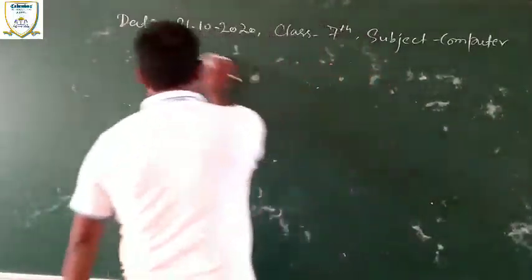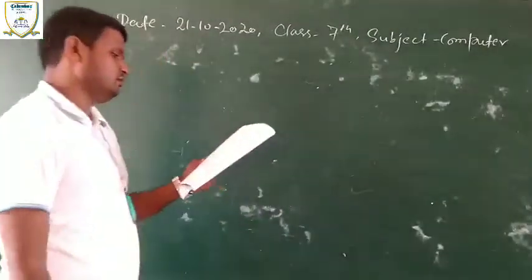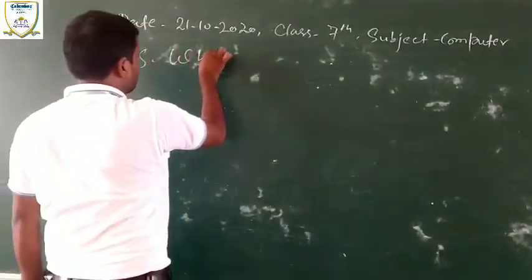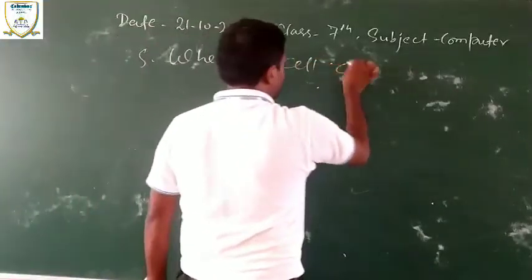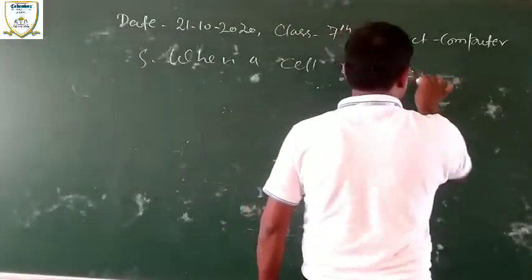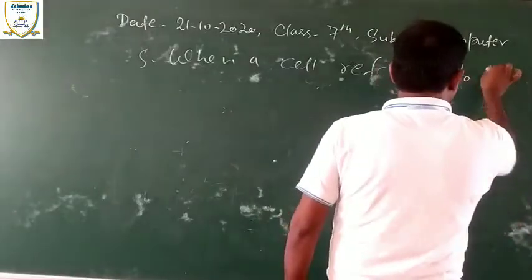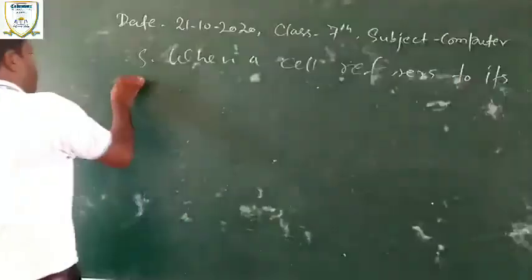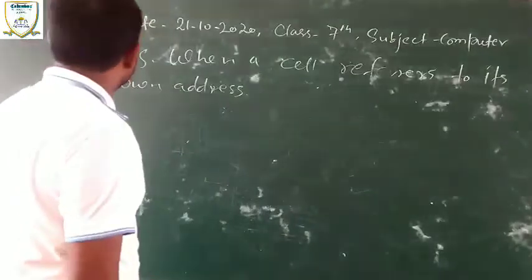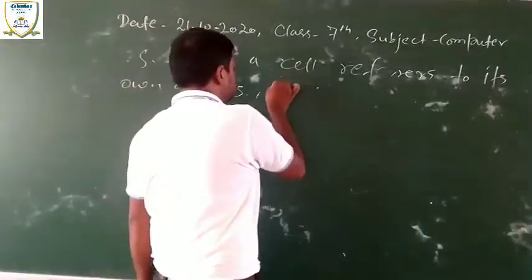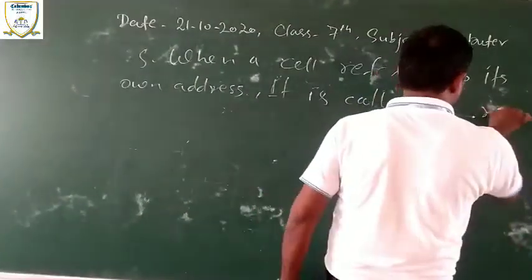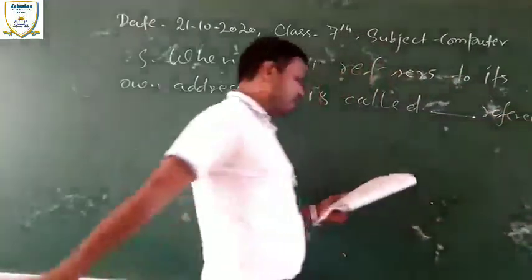The next MCQ question is: when a cell reference refers to its own address, it is called what reference?